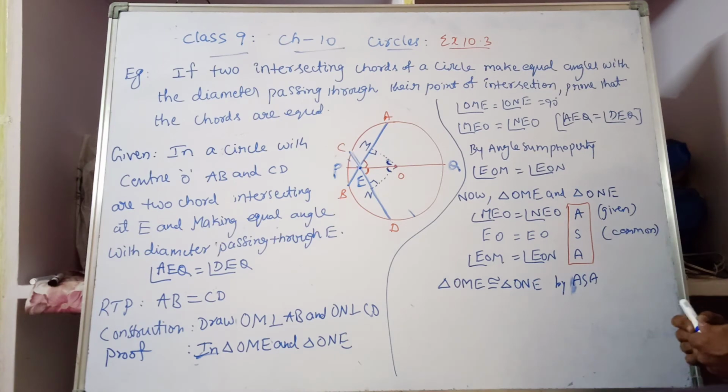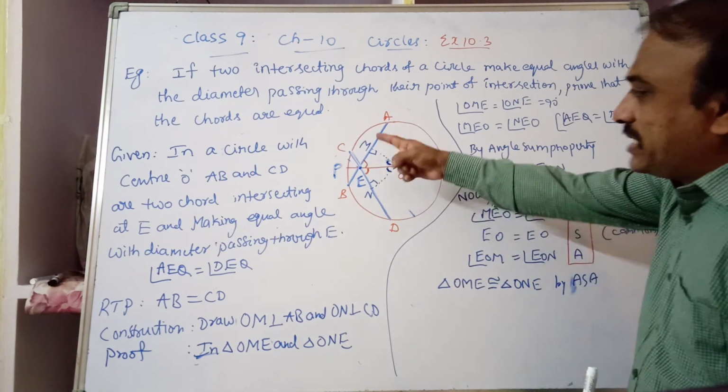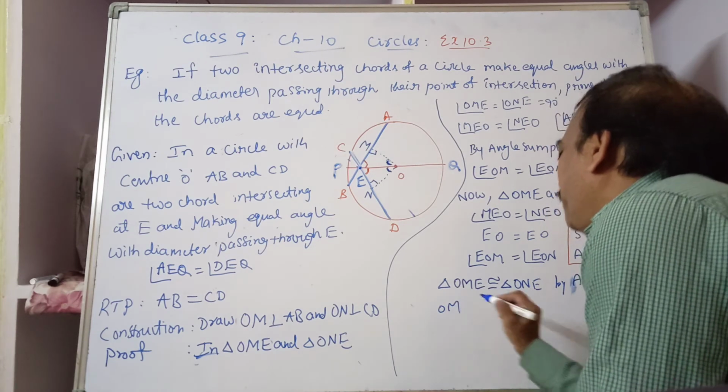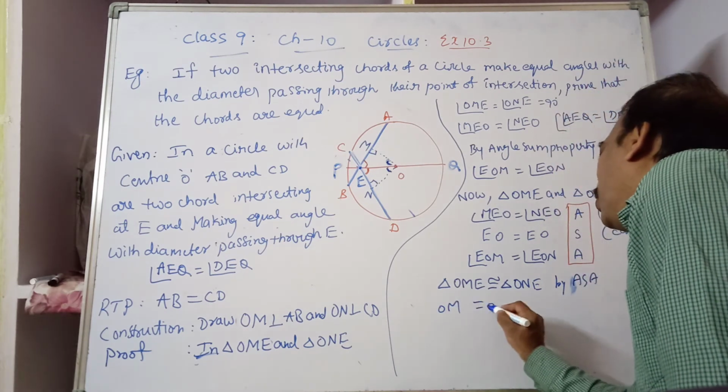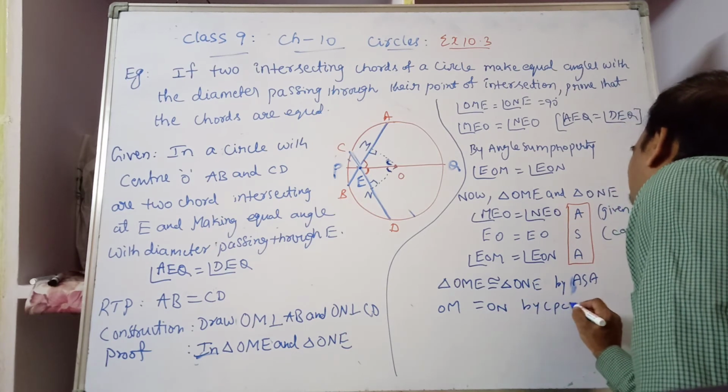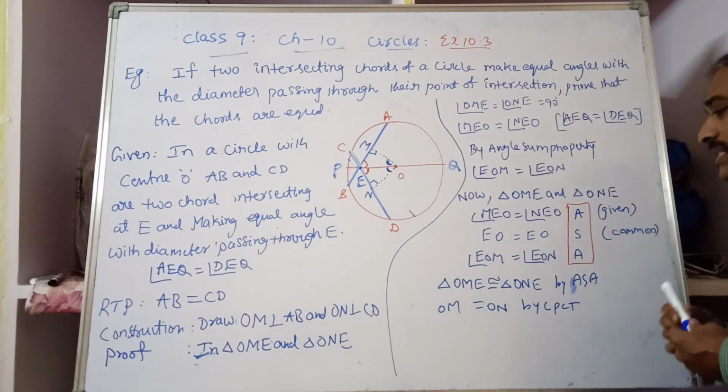Once the triangles are congruent, their corresponding parts are equal, which are OM is equal to ON by CPCT.